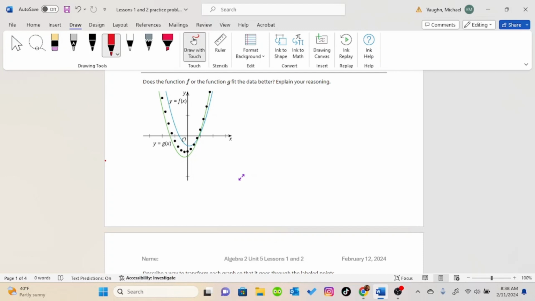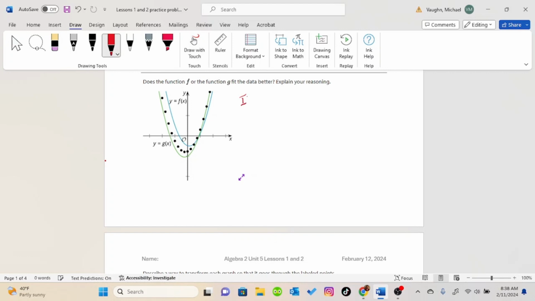Looking at the left side, we see that there's a gap between the points in both graphs, but again, it appears that G is much closer to the points than F is, because we can see this big gap between the top parabola and the points.